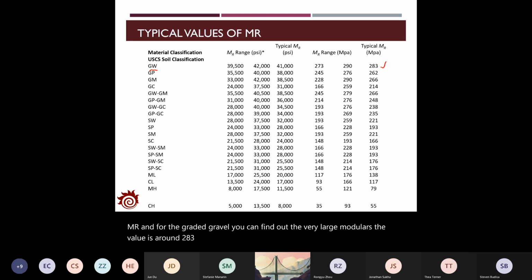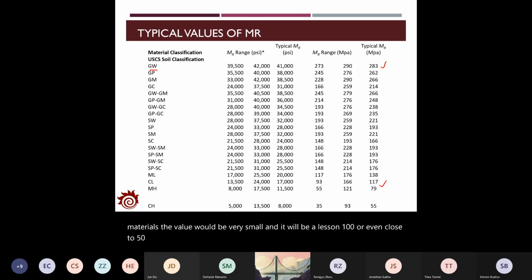But if you have clay materials, the value would be very small, less than 100 or even close to 50 megapascal.